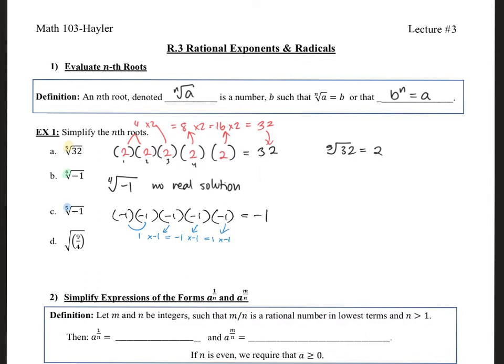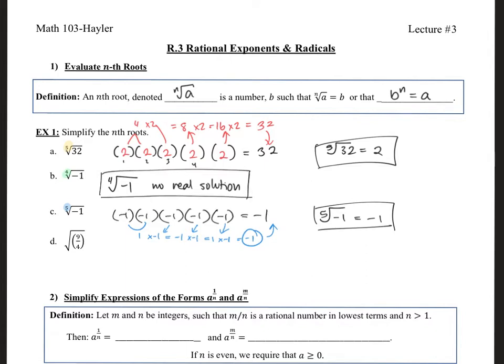So negative 1 times positive 1, and that gives me the negative 1 I'm looking for. So in fact, there is an answer to this. The fifth root of negative 1 is actually negative 1. Huzzah. Sorry, forgot to box my answers there.